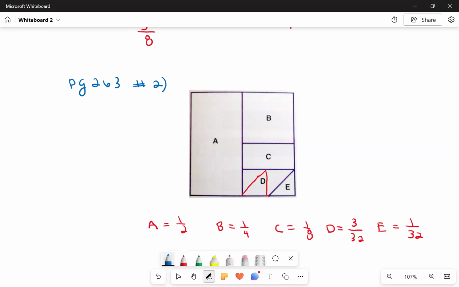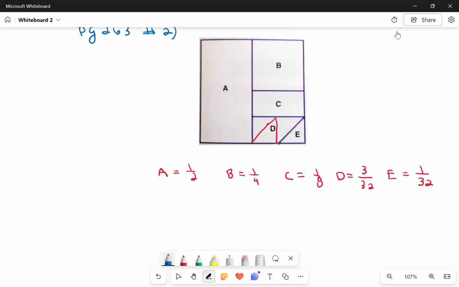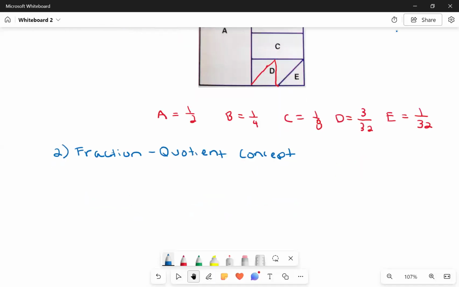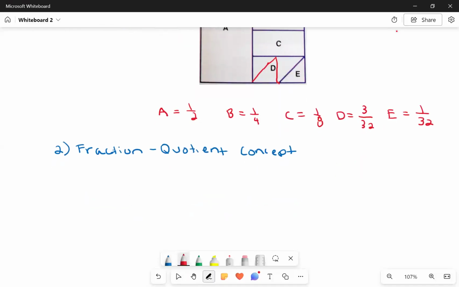Okay. So the next concept they explore, which is also really common, is the fraction quotient concept. And hopefully you remember quotient is the fancy math word for division. In other words, the fraction can be thought of as a division.